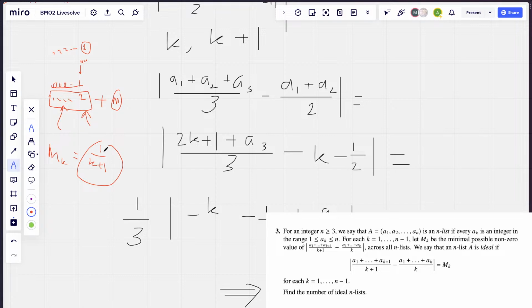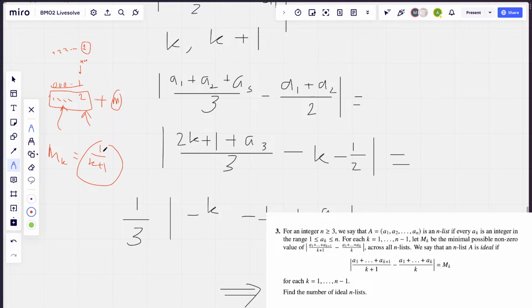Okay, so I think we can just say, suppose, let's call it M, suppose A1 up to AM.